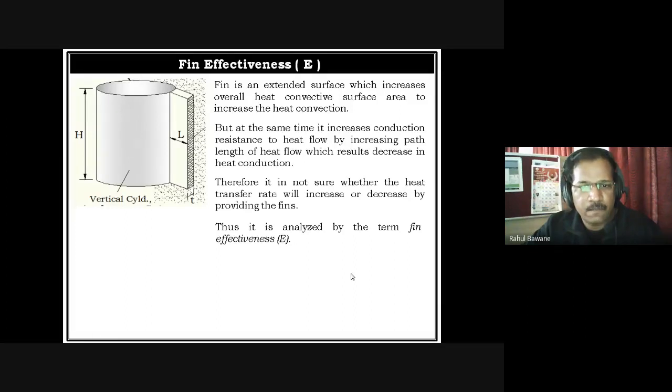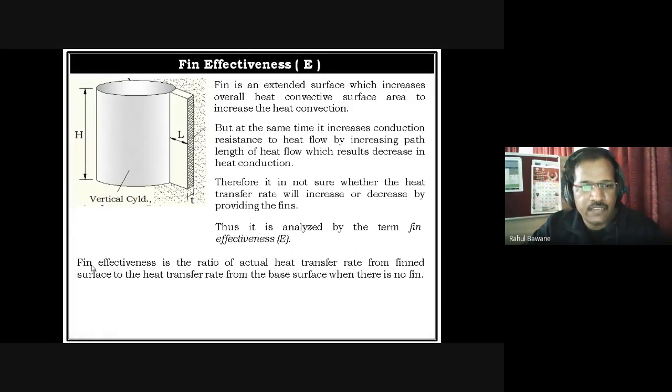Now, fin effectiveness is the ratio of the actual heat transfer rate from the fin surface to the heat transfer rate from the base surface when there is no fin. So imagine this cylinder is there. If there is no fin, we calculate the heat transfer rate.